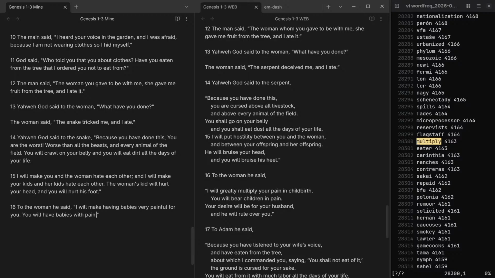Stretching, longing, urge. Ish, which means man. You want a man. Oh, wow. You will want a man.